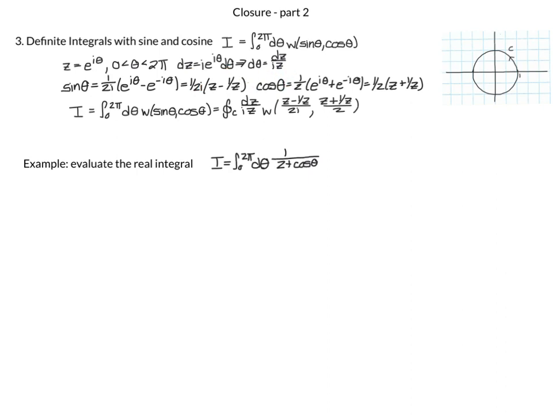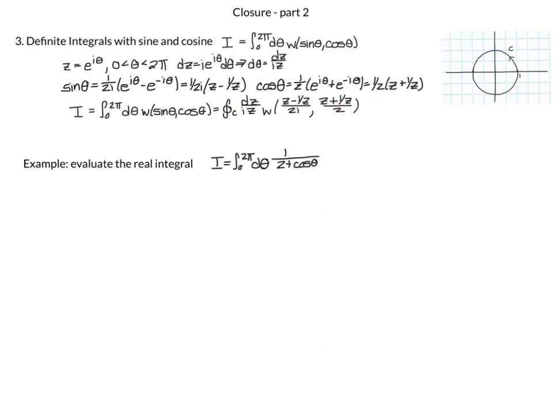Our cosine formula converts to 1/2 z plus 1 over z, which means d theta converts to dz over iz, and our sine converts to z minus 1 over z divided by 2i, and our cosine converts to z plus 1 over z over 2.